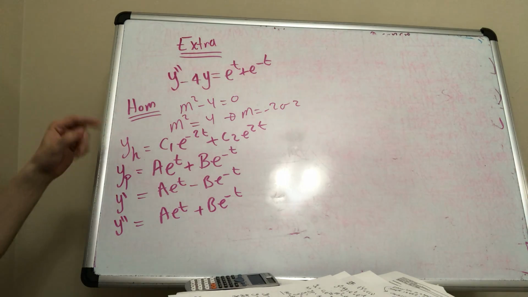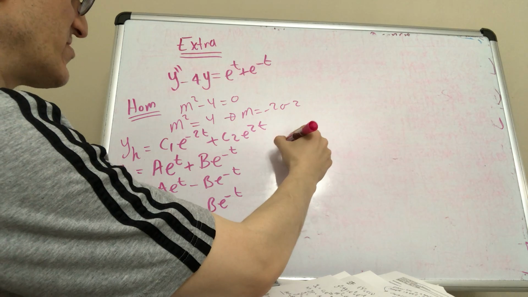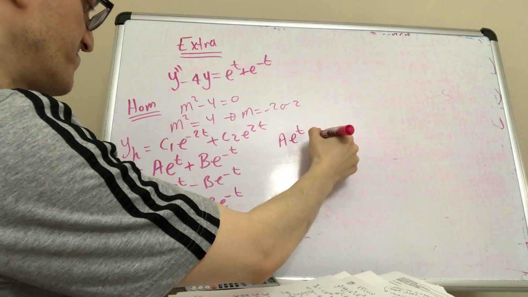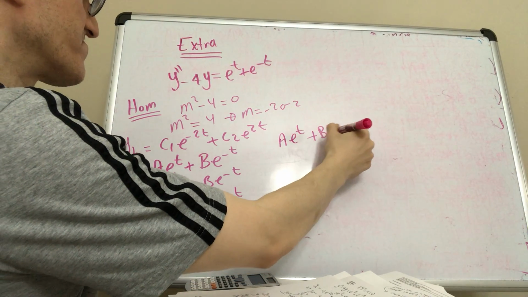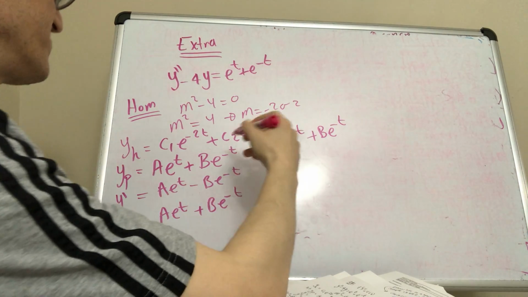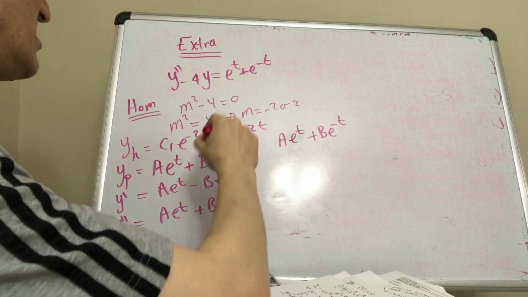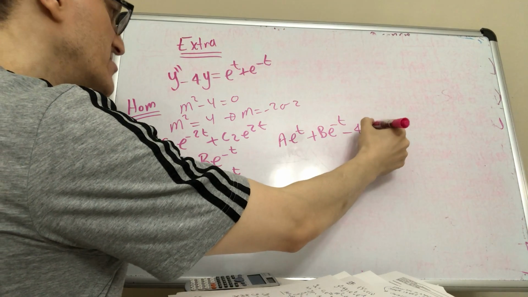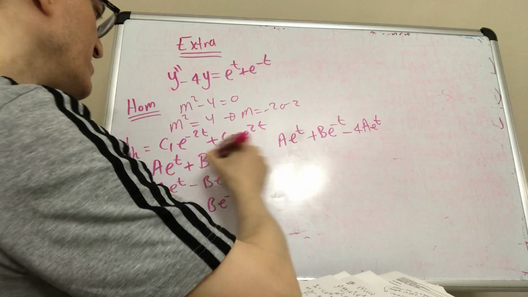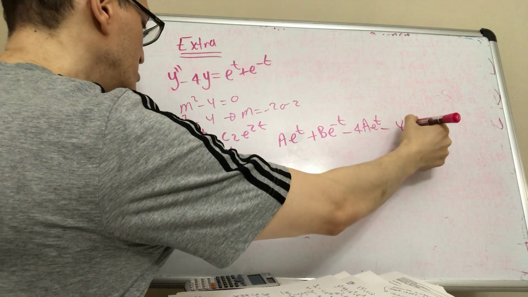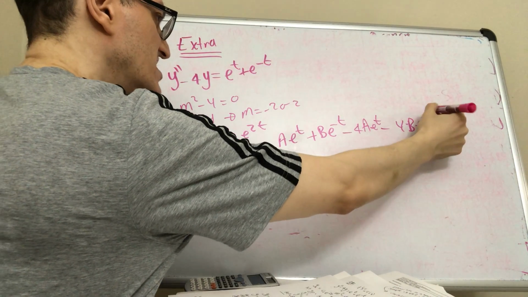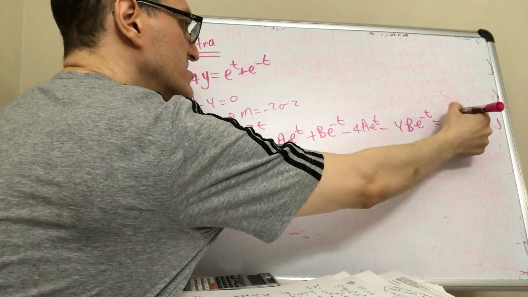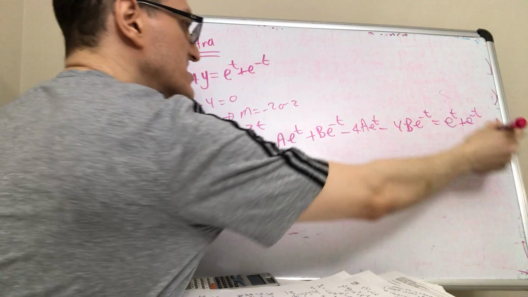We put this here, so you start with the second derivative, which is this, and minus 4 of the actual function, so minus 4a e^t, and minus 4b e^(-t), and that would equal e^t plus e^(-t).